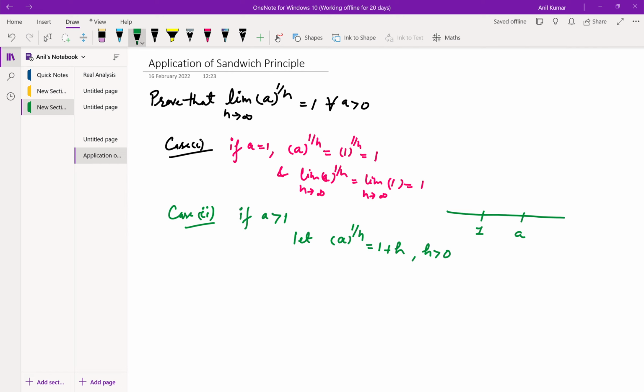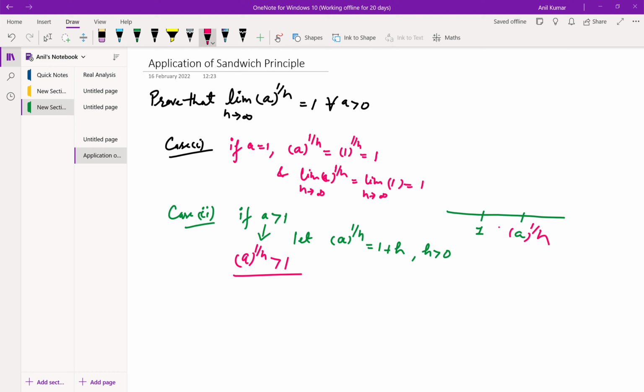So clearly, if a is greater than 1, then a raised to the power 1 by n is also greater than 1, right? This lies on the right hand side of 1.